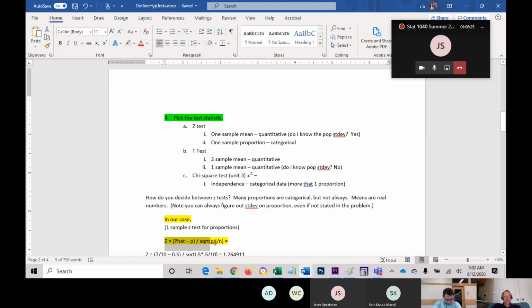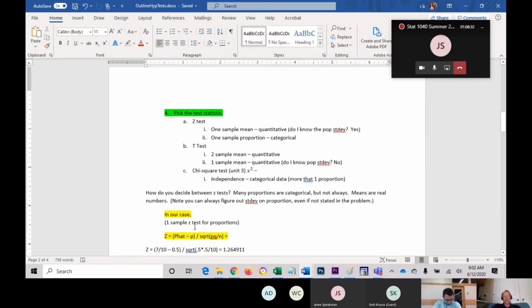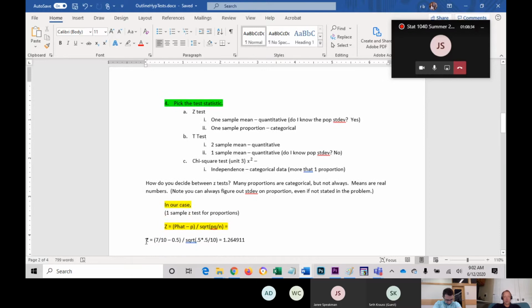We're going to use the z-test for proportions, okay? Which is going to be p hat minus p over the square root of pq over n, okay? Now remember, we said our sample size was too small, but I'm doing this anyway, okay? So your p hat was your experimental probability. We got 7 out of 10 heads, okay? So that's your p hat minus your p. We assume it's a fair coin.